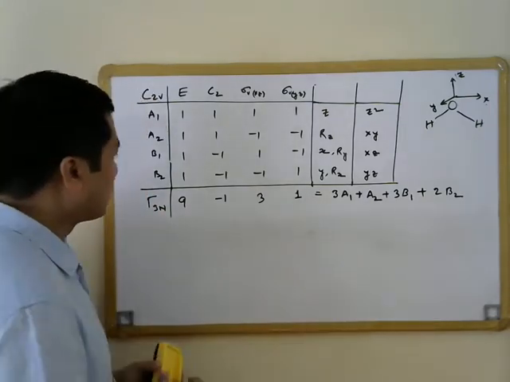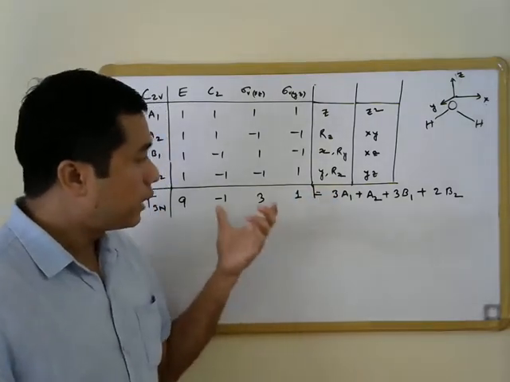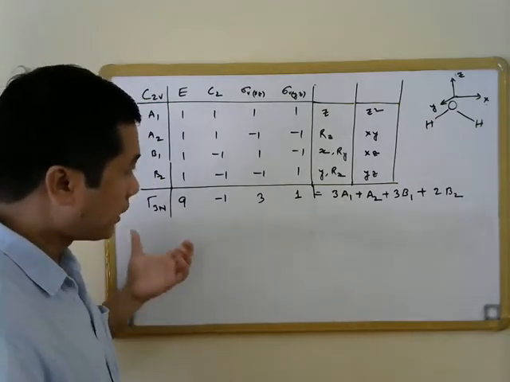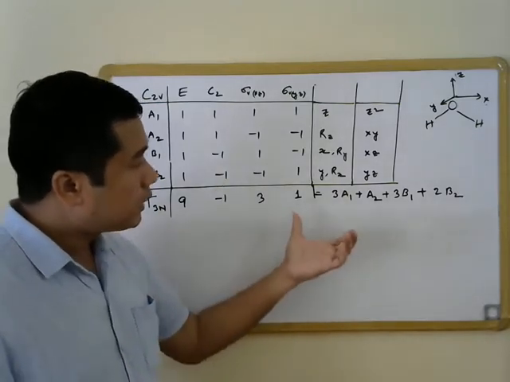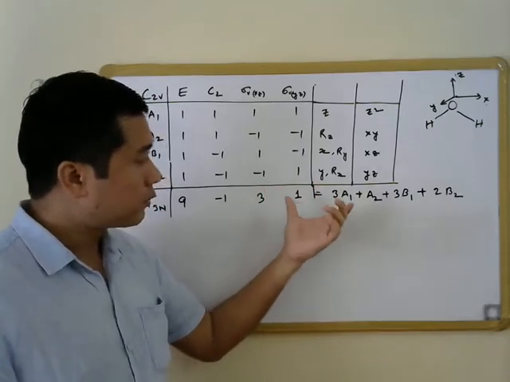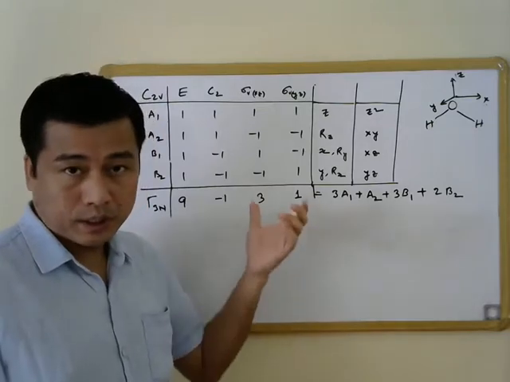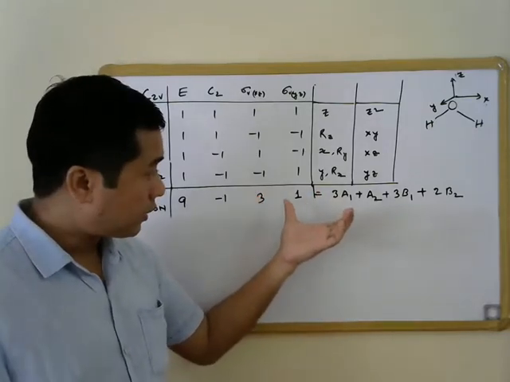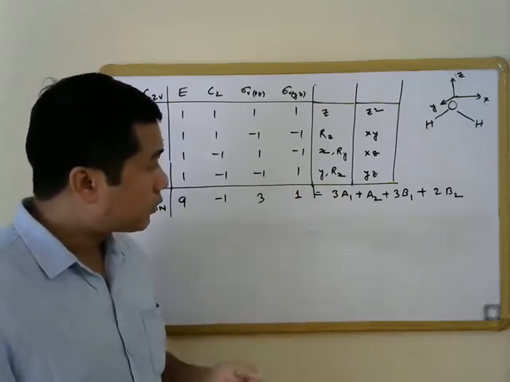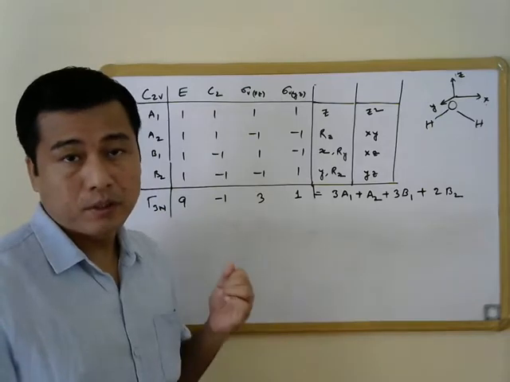So then we have found out the irreducible components of this reducible representation gamma 3n, and now three of these irreducible representations actually belong to the translational modes, and three of them also belong to the rotational modes, and the rest belong to the vibrational modes.